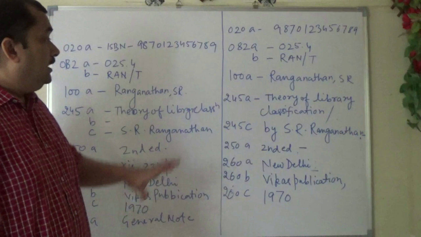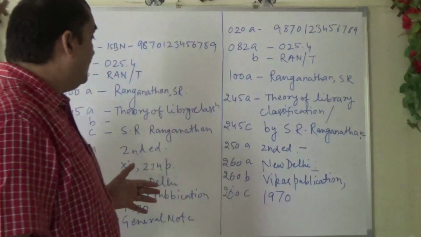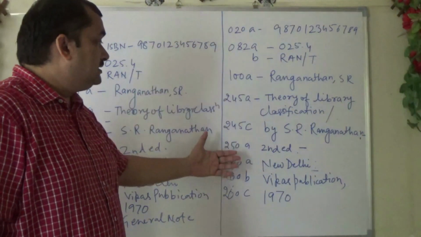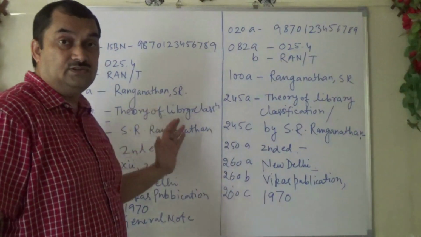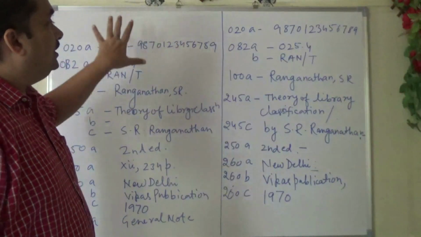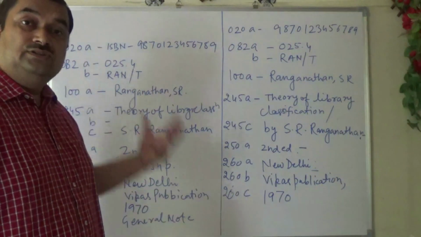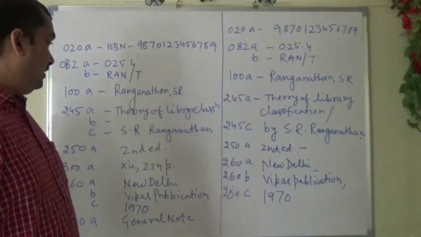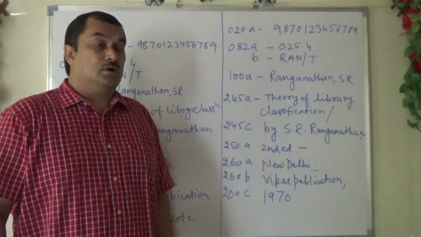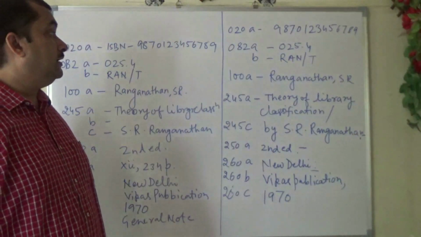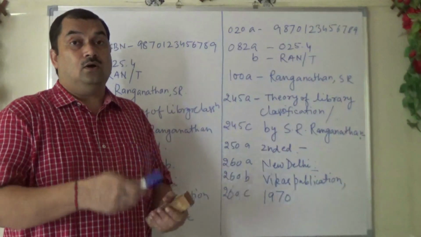So finally, when we complete our data record in MARC format, when we see the bibliographical description in AACR2 format, just like a catalog, all the punctuation will appear, just as we used to have in the manual catalog. So hope I have been able to make you understand how to do the data entry with punctuation in MARC format. For more detail, we can see when we do the practical demonstration in Koha or in the cataloging module.